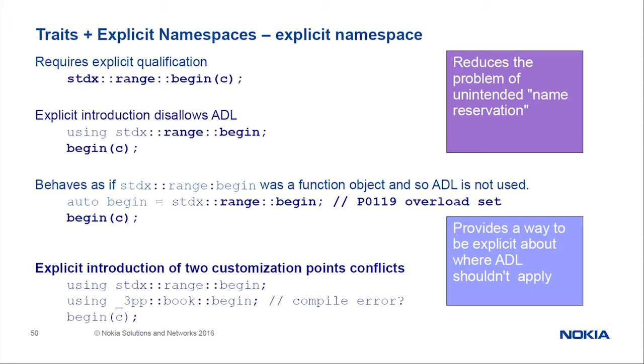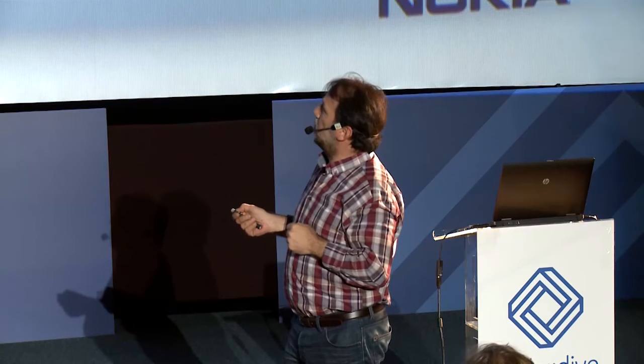That means that when you're using a function of an explicit namespace, it's as if we were defining a variable of the overload set of this function. We will see a little bit more.